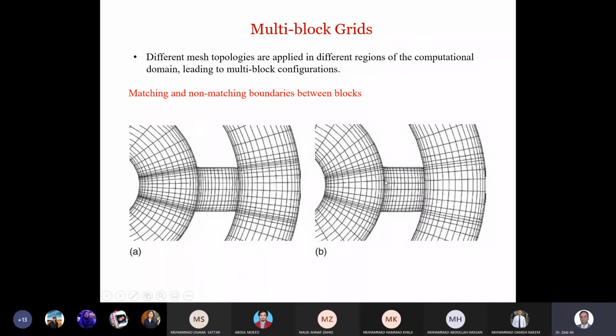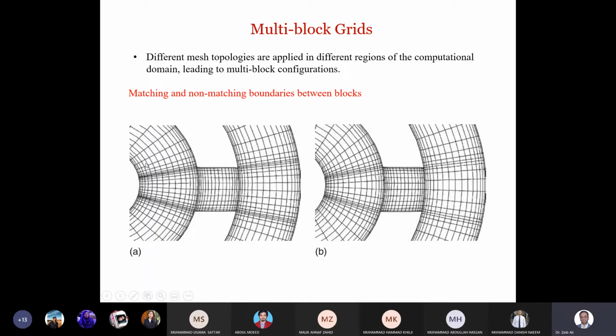And here you can see there is not a one-to-one matching, but it's a non-matching mesh. There is a disparity here. See that the interface is not matched.